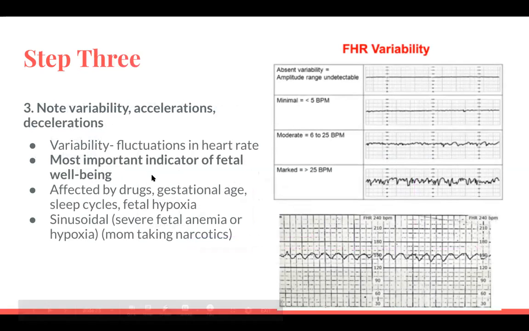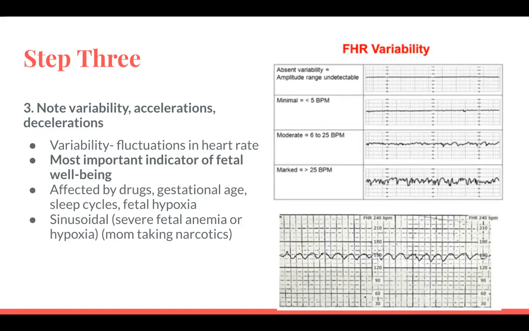All right, step 3, note variability, accelerations, and decelerations. Variability is the fluctuations in the heart rate. That indicates the functioning of generally the central nervous system, the push and pull of the sympathetic and parasympathetic nervous systems, and it is the most important indicator of fetal well-being.